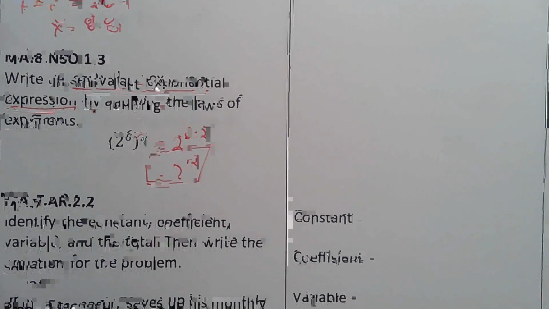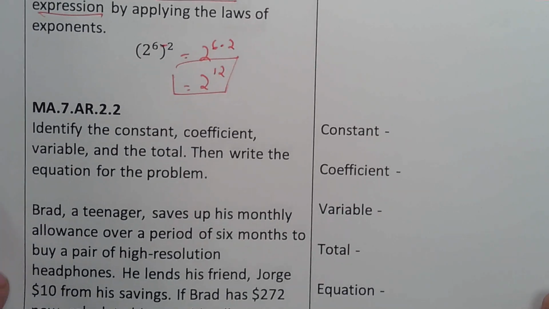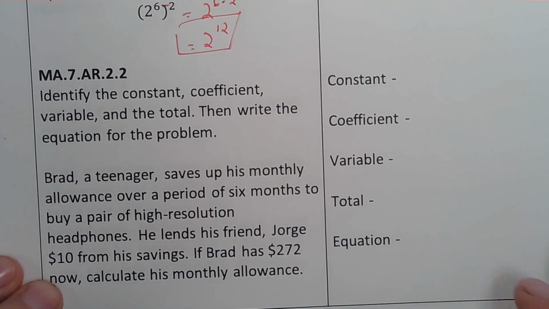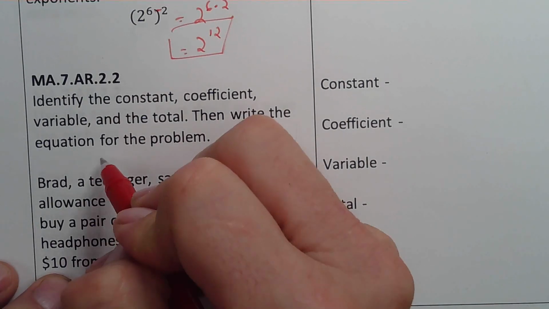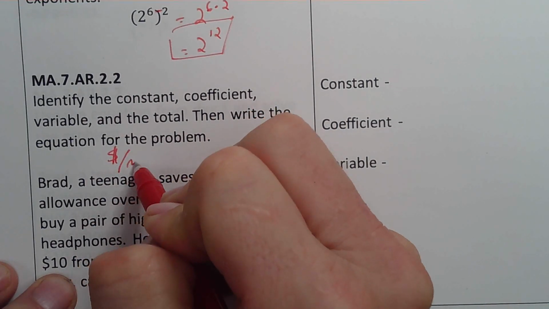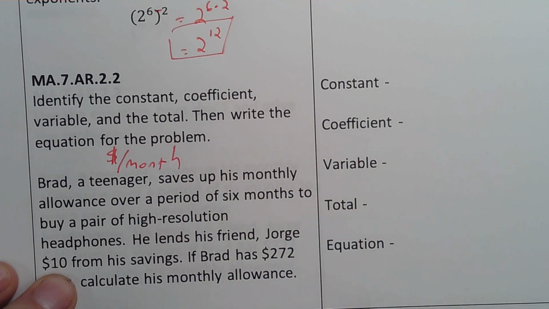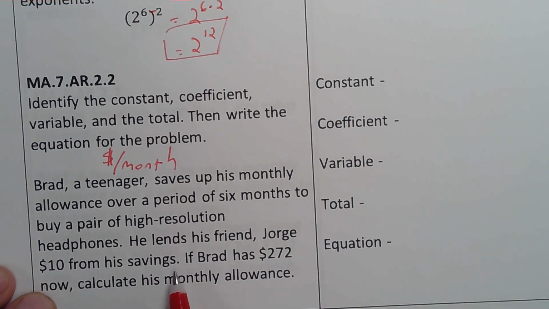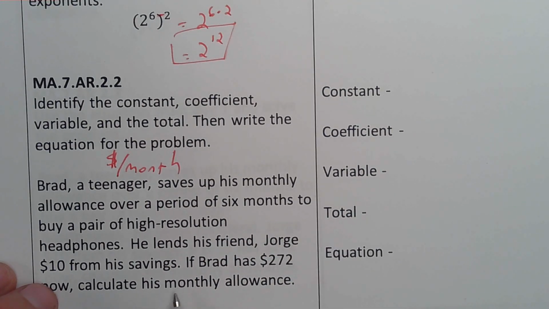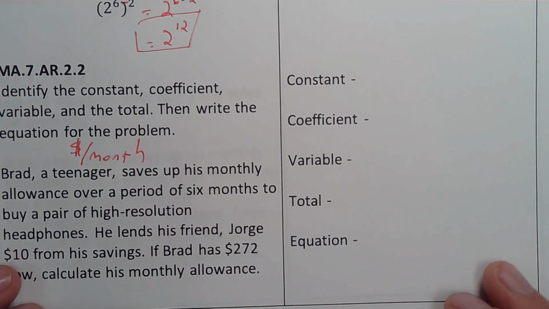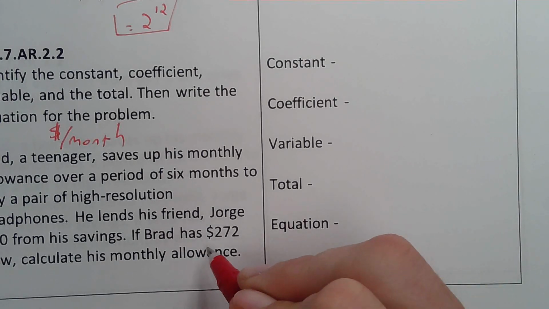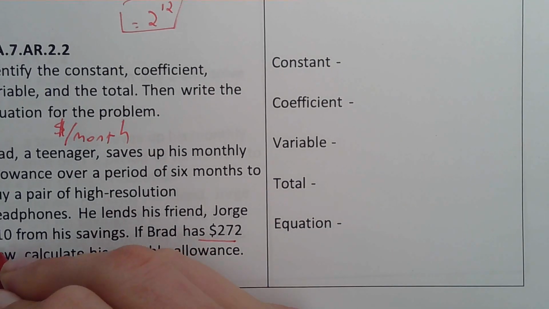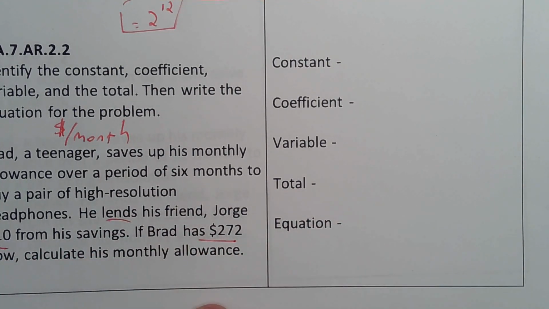All right, so this one says, hey, got a teenager, he's having an allowance. An allowance is in dollars per month, okay? And he's saving up his months, calculate his monthly allowance. So if you try to figure out, this is how much he has now, and then he lent his friend some money.